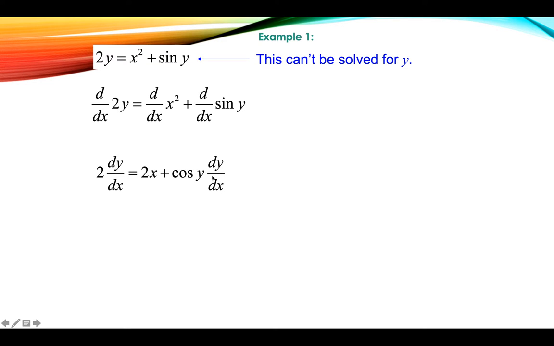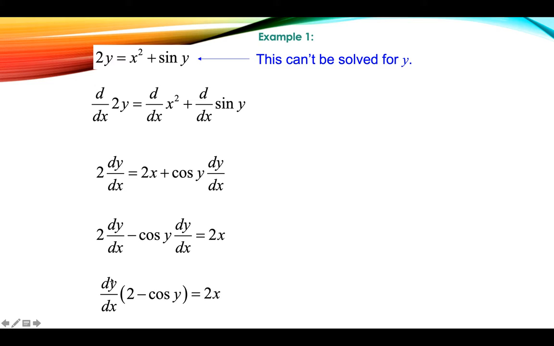Now, we want to get both of those dy dx terms on one side. So we've got 2 times the derivative of y with respect to x minus cosine y times the derivative of y with respect to x equals 2x. So we can factor out the dy dx out of both of those terms, and we get the derivative of y with respect to x times 2 minus cosine y equals 2x.